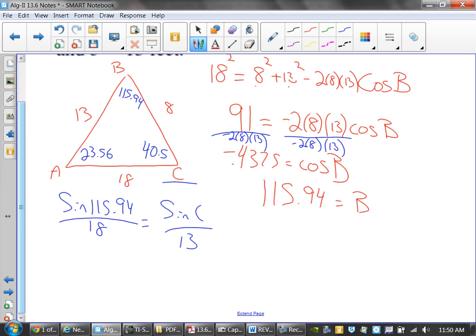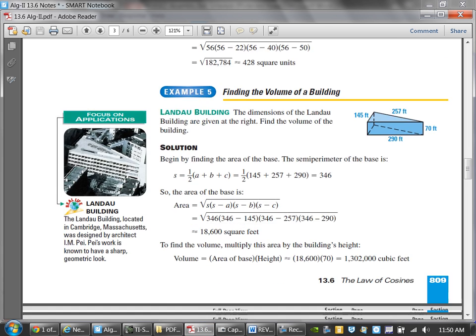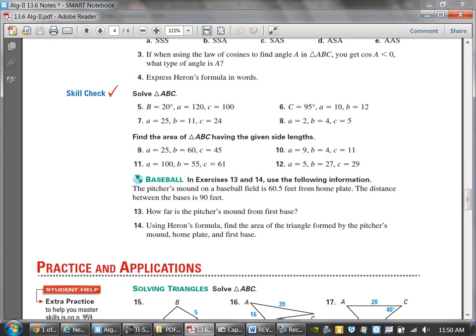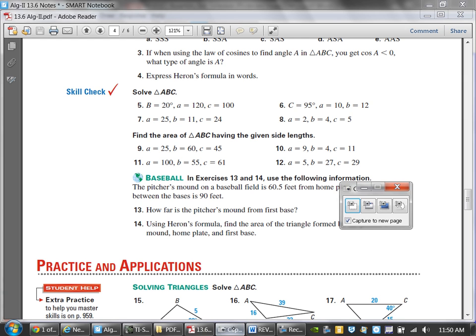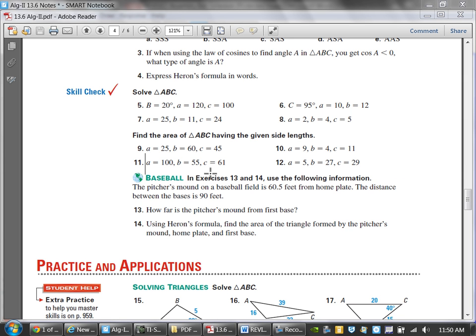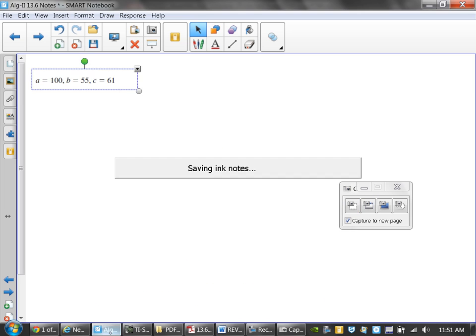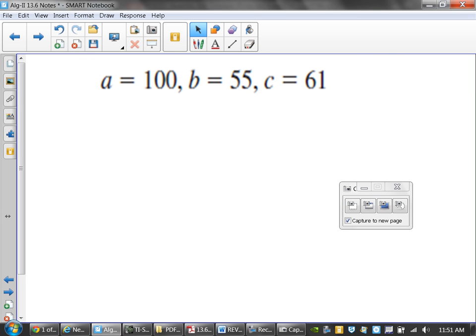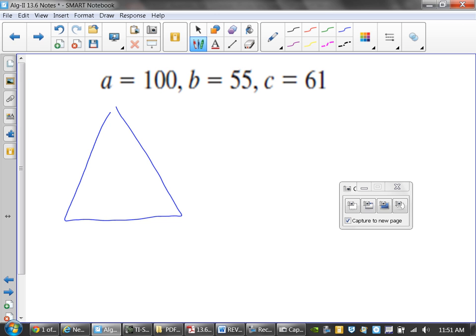Let me show you another one real quick like that. Again, if I'm using this, what will be the angle I'm going to find first?